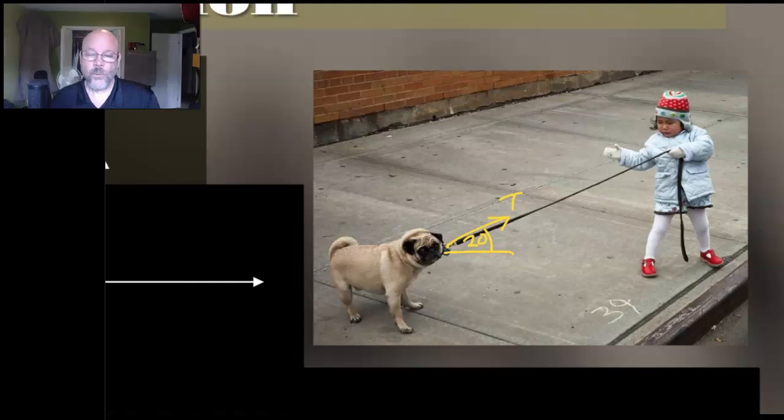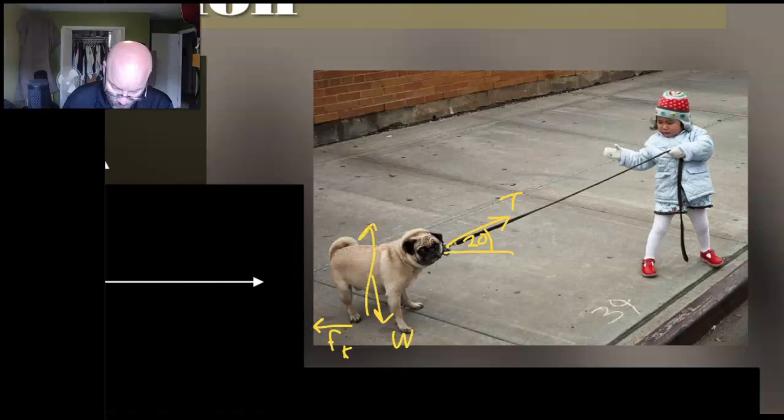And let's think about the other forces. So obviously there's going to be some kinetic friction here, obviously some weight, and obviously a normal force so that the pug doesn't fall straight through the concrete.